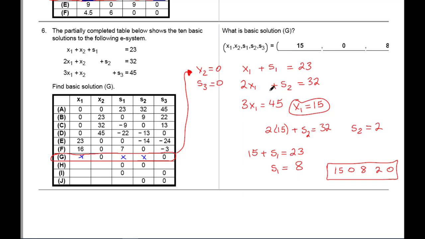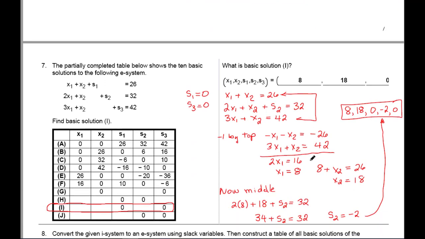And let's see the last one, x2 is 0, s3 is 0. Oh, that's good. 3x1 is 45, so x1 is 15. That's good news because if I know that it's 15, I can plug it in here and figure out the remaining 2, which we did there.